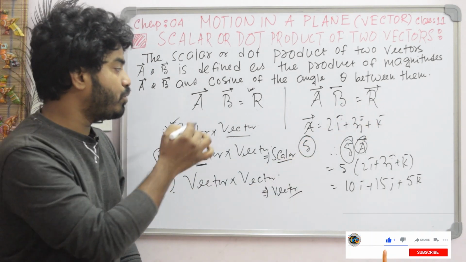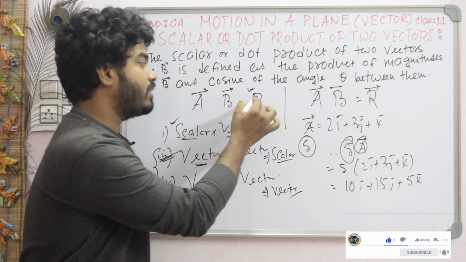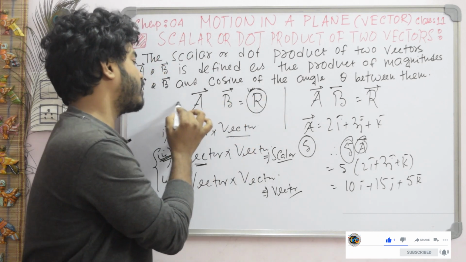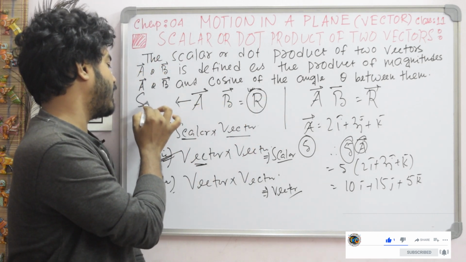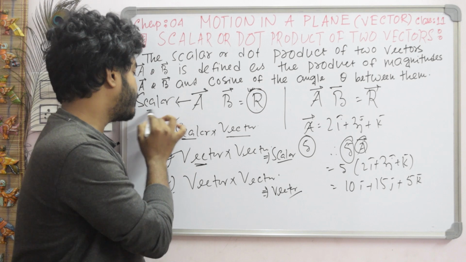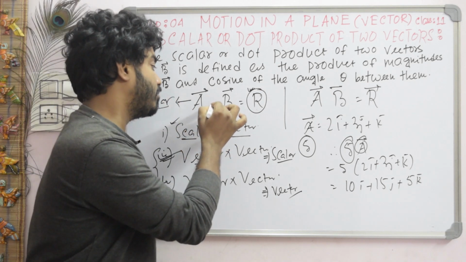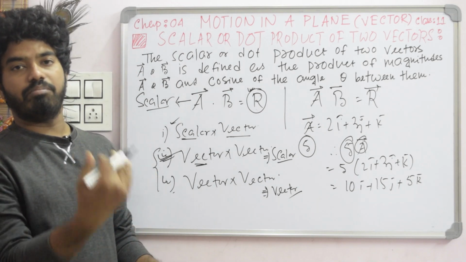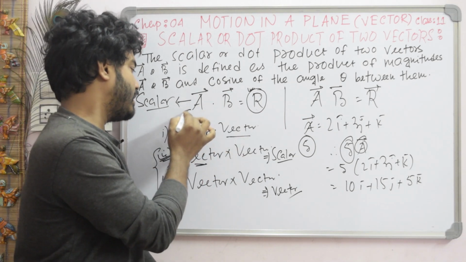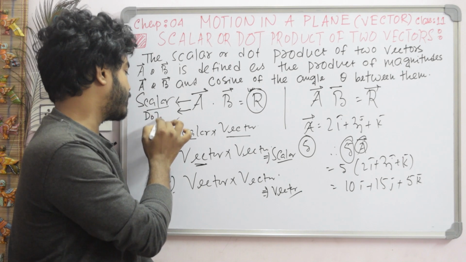Now the question is, how to represent this value? This is a scalar, so this product is named as scalar product, and it is represented by this symbol A dot B. So another name for it is dot product.